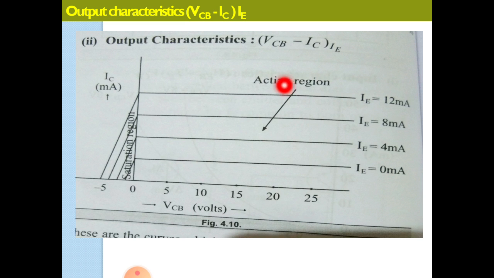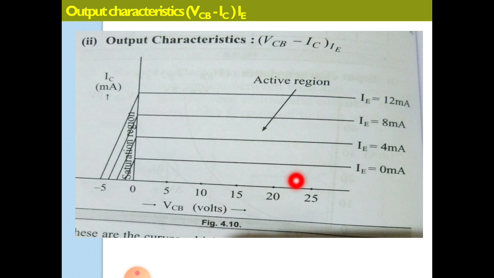This region, this area, is called the active region, and you should remember that all the transistors perform only in this active region, where the output current and the output voltage have their positive values.